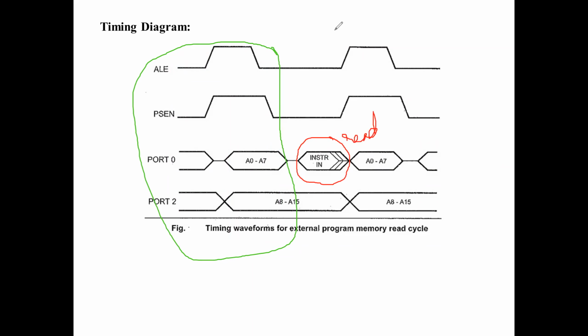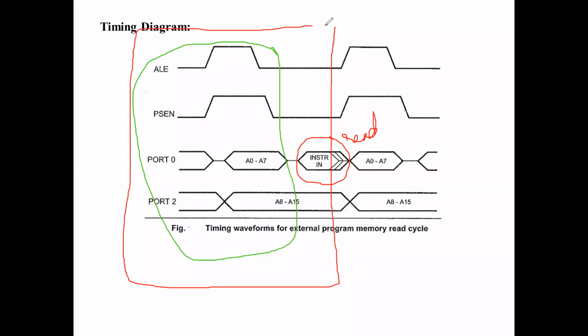From this point, this is one cycle to execute the program. We are fetching one instruction from the program memory. The controller will do these things automatically, depending on the program. For example, if you execute the instruction MOVC with some address, automatically that address is put here and the instruction is fetched.